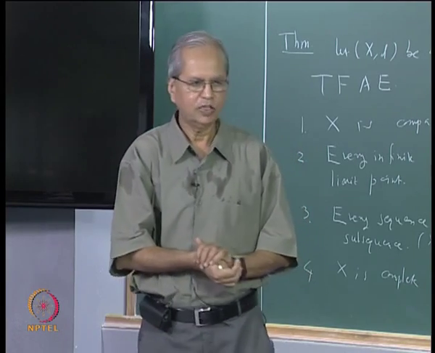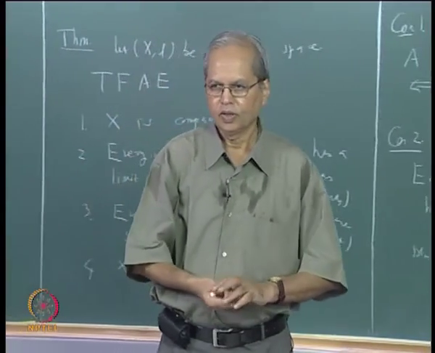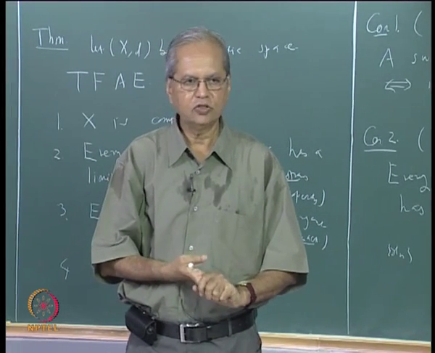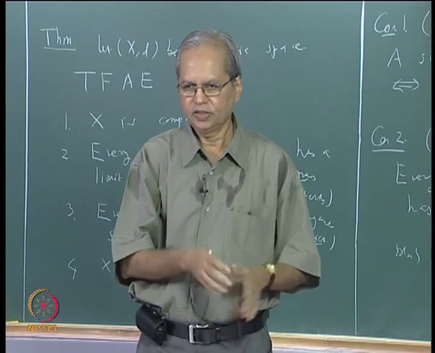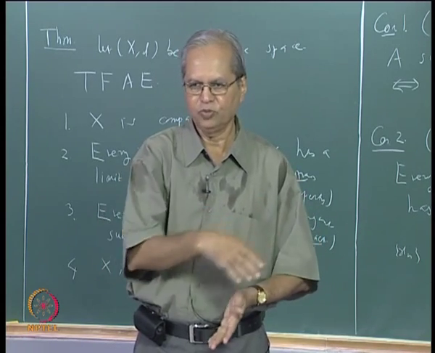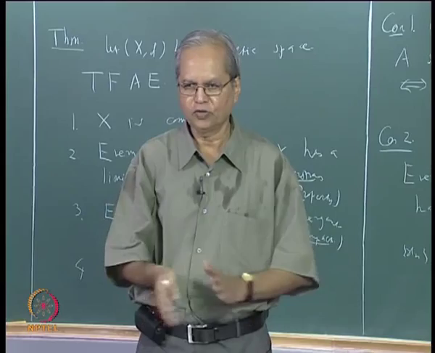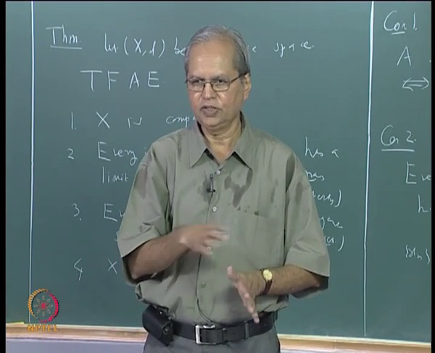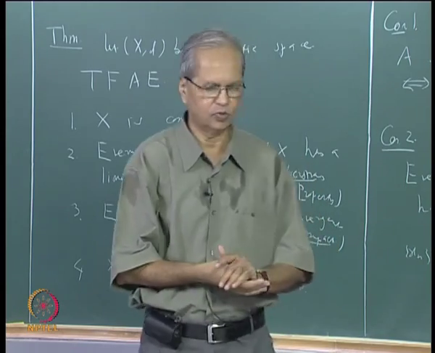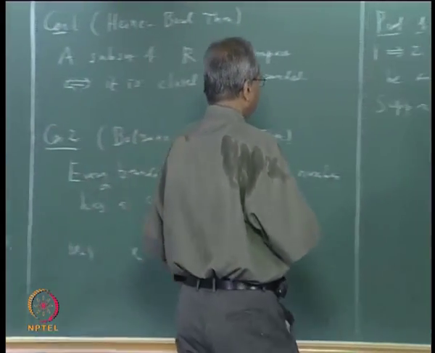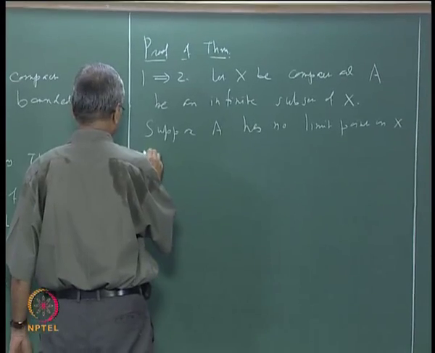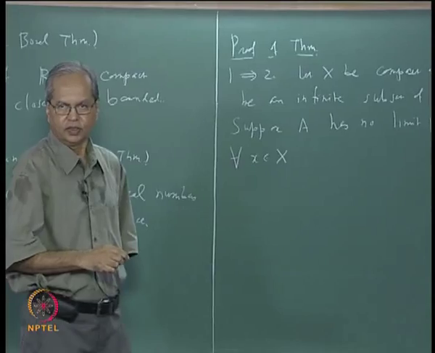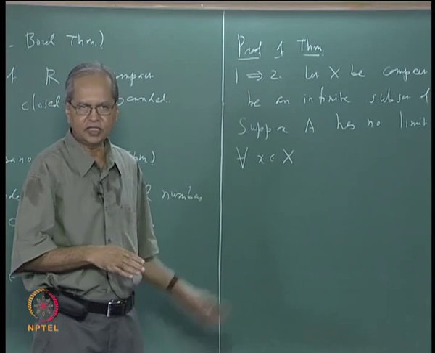So if something is not a limit point, it means that there exists an open ball which does not contain any point of A other than x itself, if at all x belongs to A. If x does not belong to A, then no point from A. If x belongs to A, then the intersection of that ball with A will be just singleton x. So this means that for every x belonging to X, there will exist a ball with radius r, that r may depend on x.